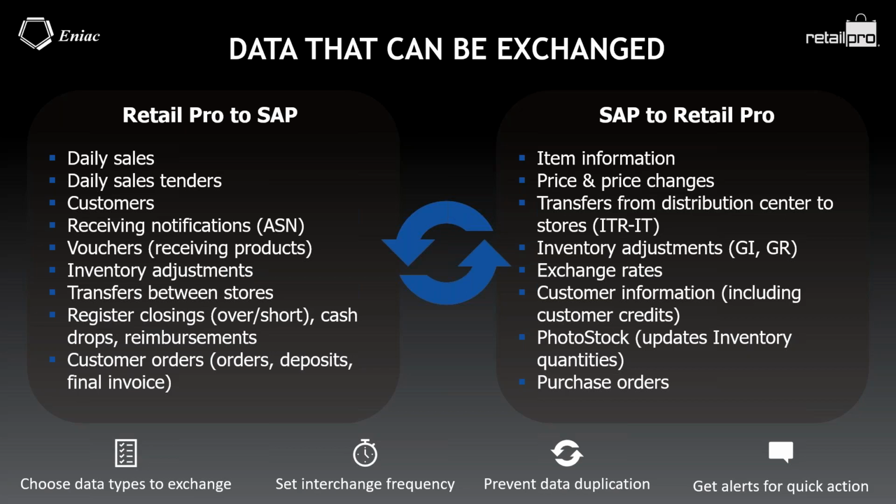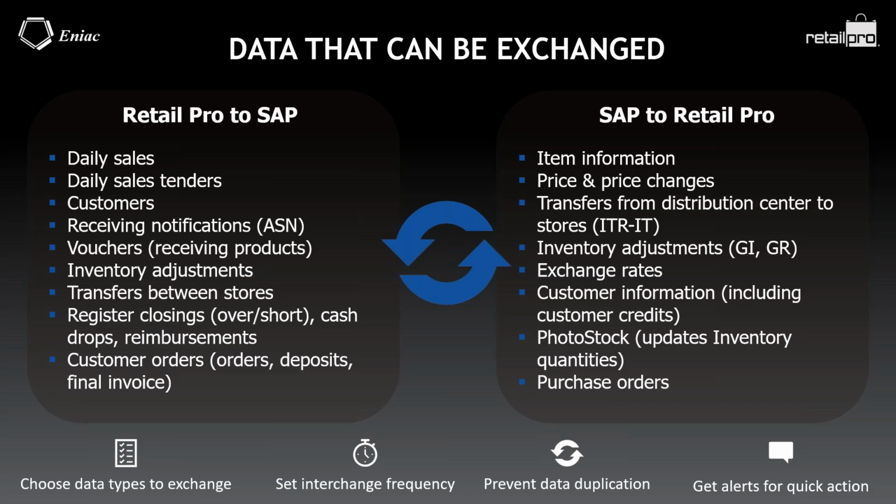Also, in SAP, most of the time you have a distribution center where you send the information to the physical stores in Retail Pro, and then that sending of merchandise to the physical stores from the distribution center, you do it in SAP.